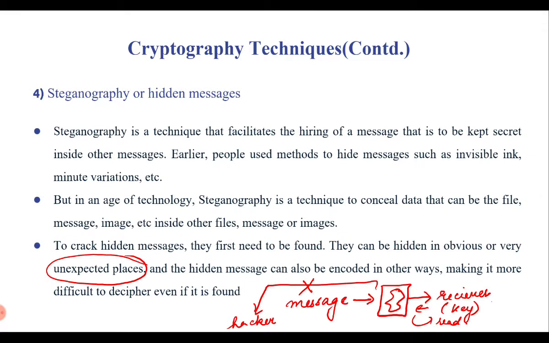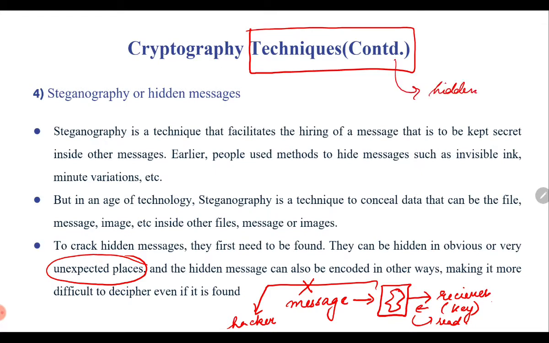Suppose in the slide itself, this portion can contain a hidden message, and though we can see it, it is represented in a different way, maybe there is a letter which is known as techniques continued. So even if it is a different representation, we can still send messages encrypted in this particular area of the slide or area of an image.